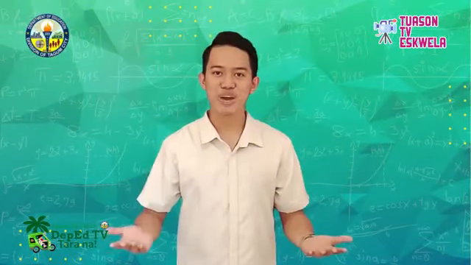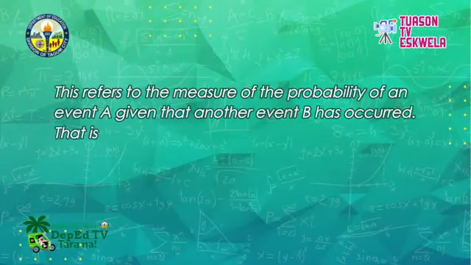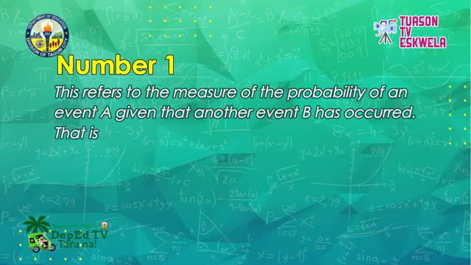Here we go to question number 1. This refers to the measure of the probability of an event A given that another event B has occurred.